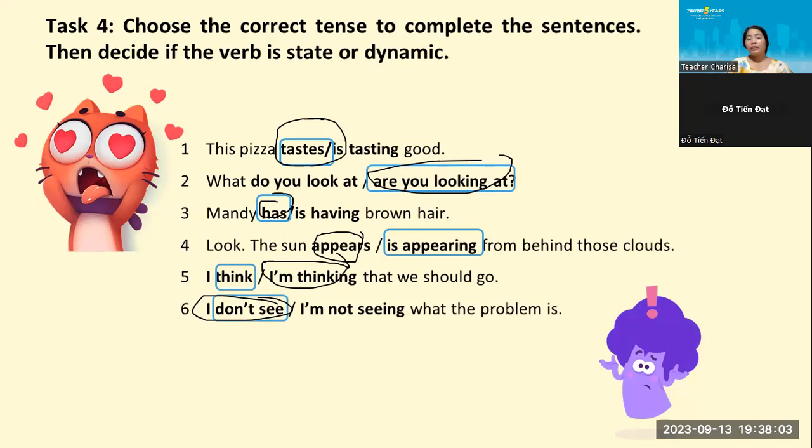Very good. So how many mistakes did you get? Two? Okay, two. So let's move on.